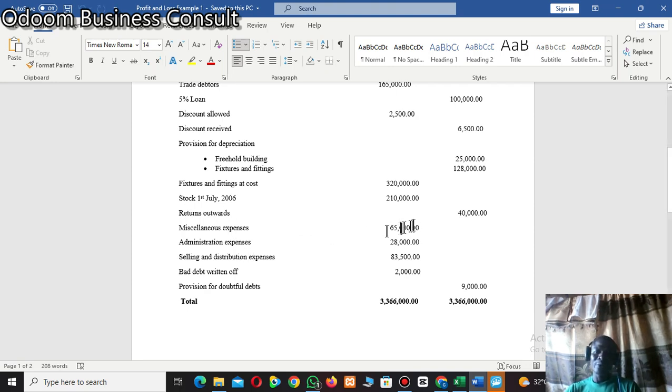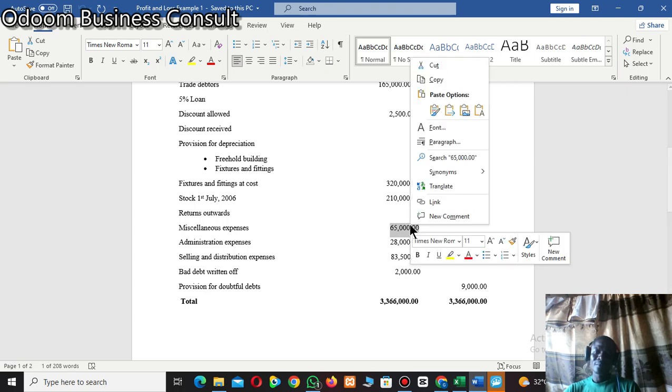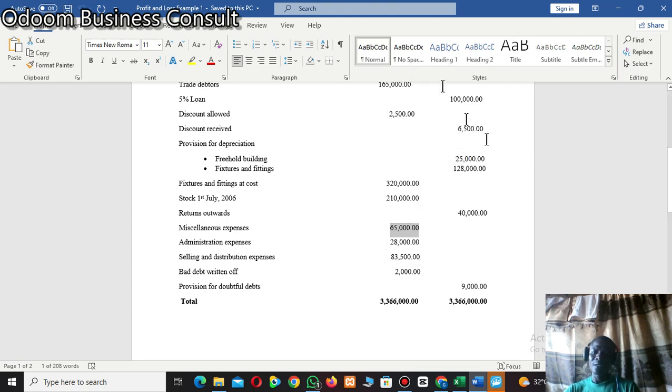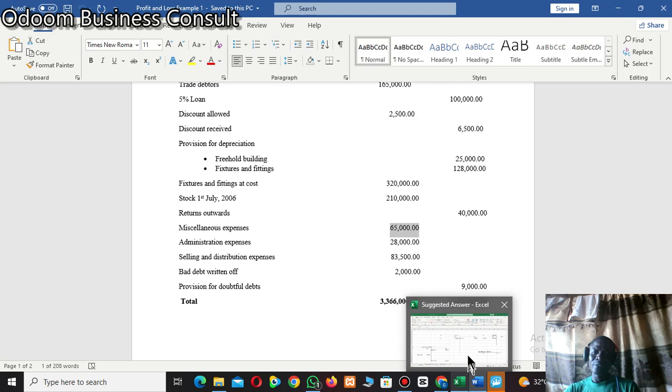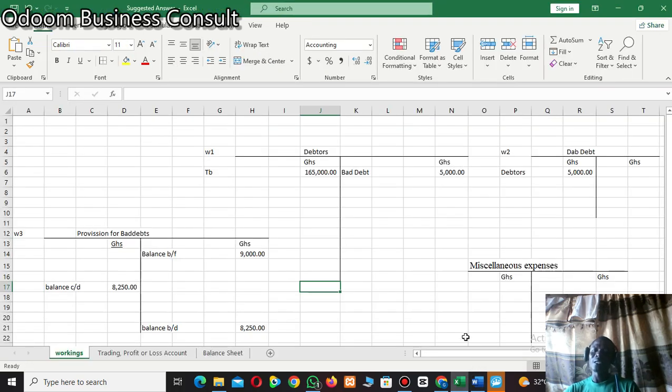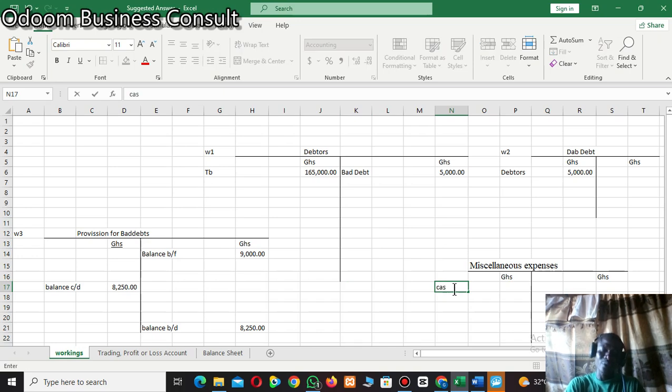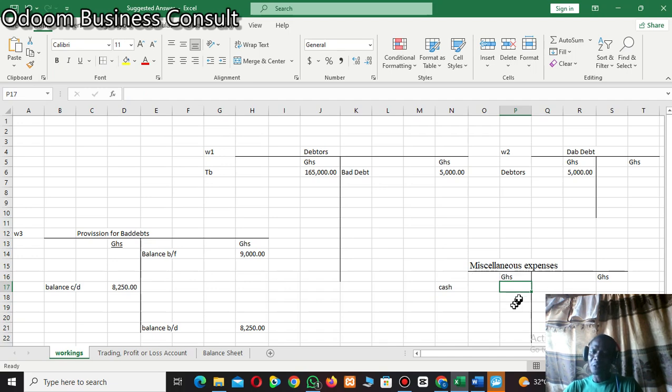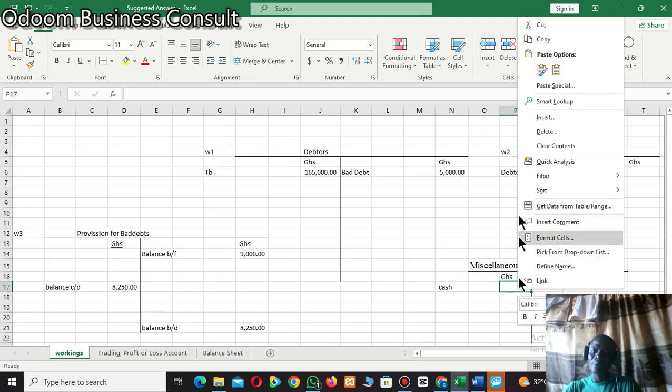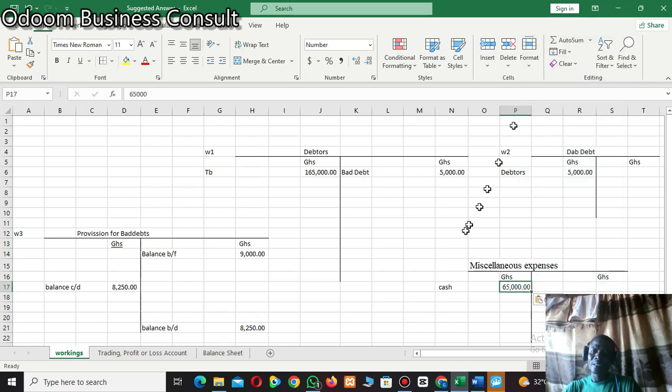So over here, because that's been paid for, we copy it from here. Just copy it from here. So in your case, when you come to the expenses account, you just write either cash. Here the question didn't specify whether it was paid by cash or check, so we can use cheque, cash or bank. There's nothing wrong with it. Then we paste it.